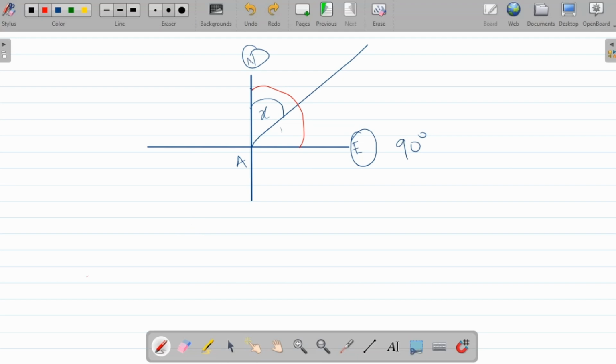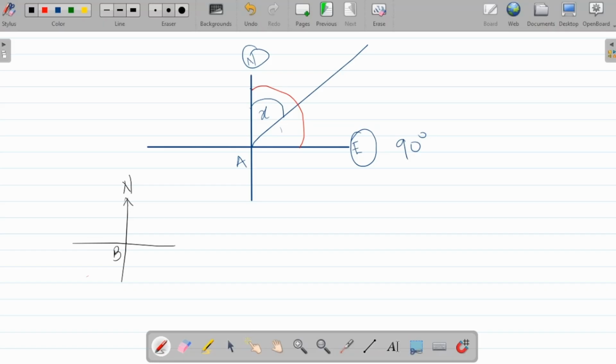So you draw the north line like this, and maybe a point, and you take the bearing from the north. We can call it any variable. I'm going to call this B. You must always start measuring the bearing from the north.